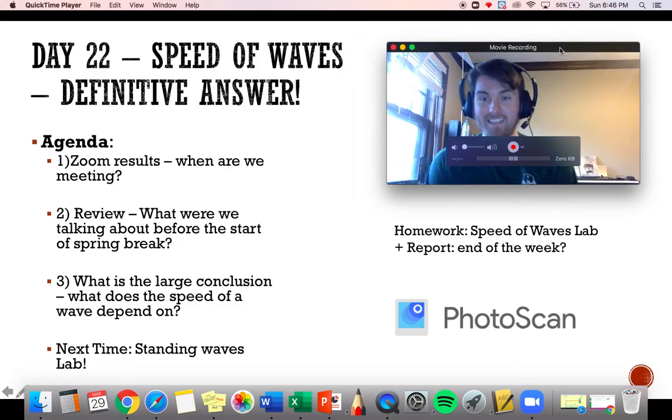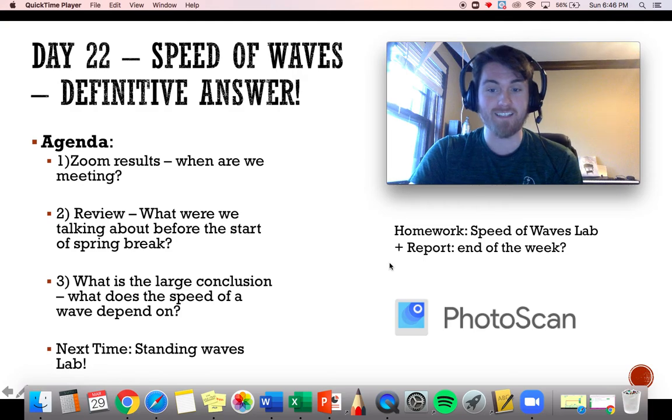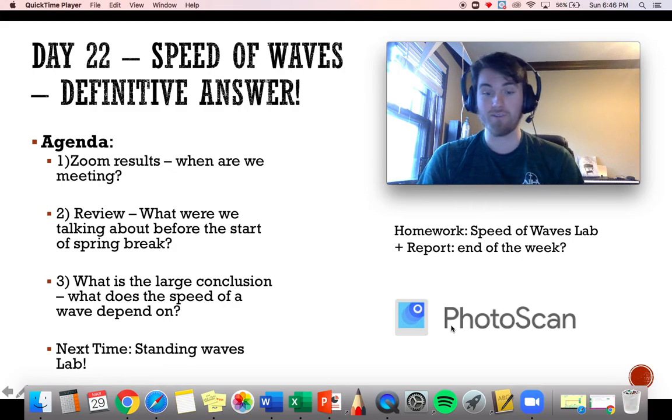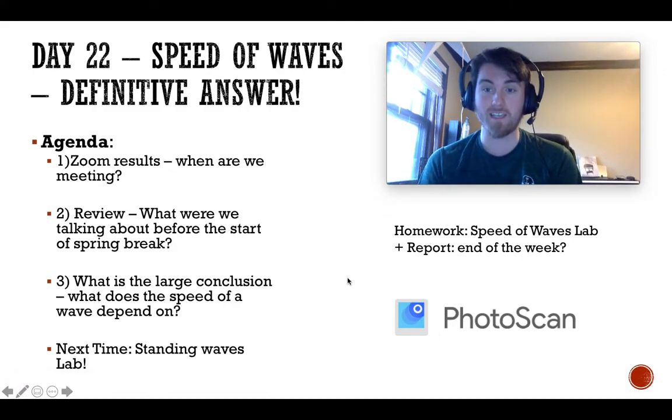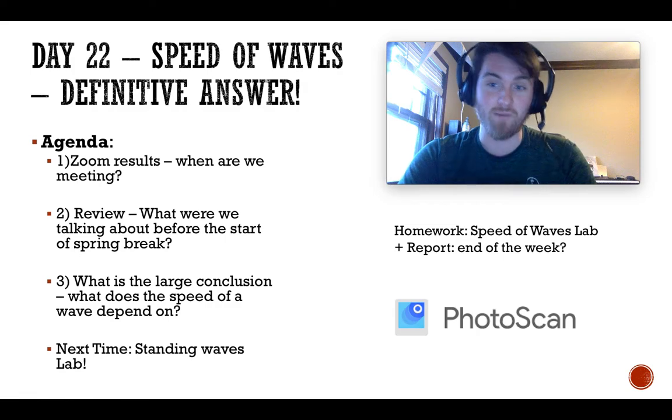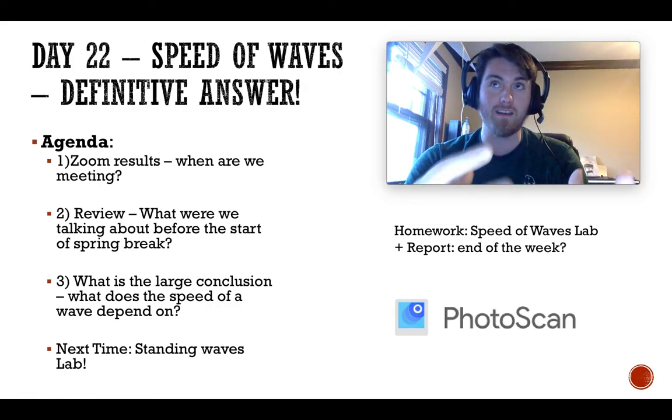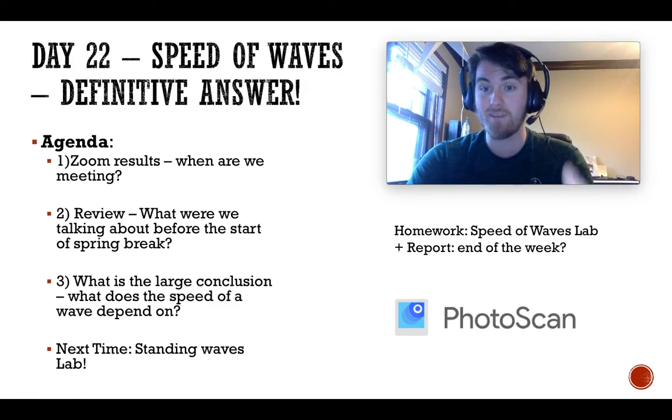So I went and found us an app, and it is Google Photo Scan. It is available on your phones. You would take a photo of your work with Google Photo Scan and then submit it that way. That way we can have both the electronic and the paper copy submitted in the same spot. That's the idea.